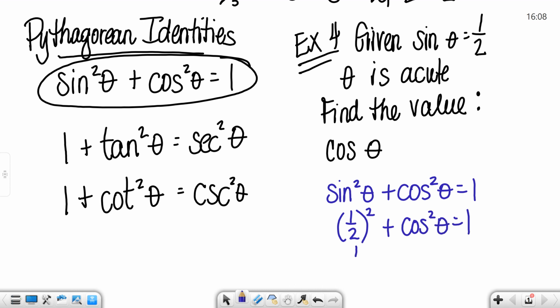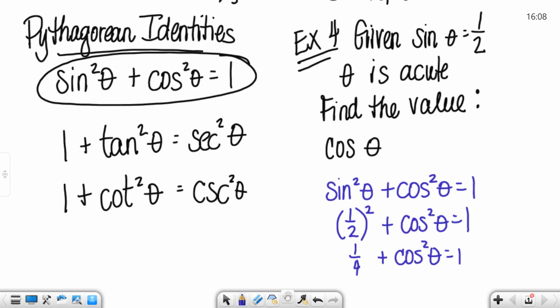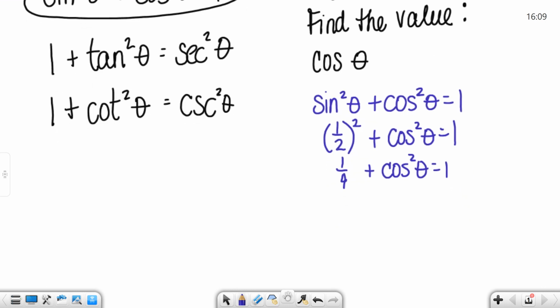So now we just have an algebra problem. We get a fourth. And if we subtract that 1/4 from both sides, then I would end up with 3/4.